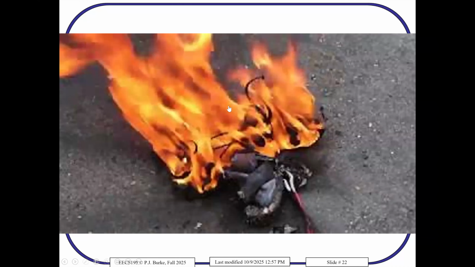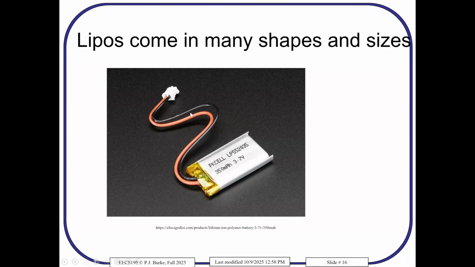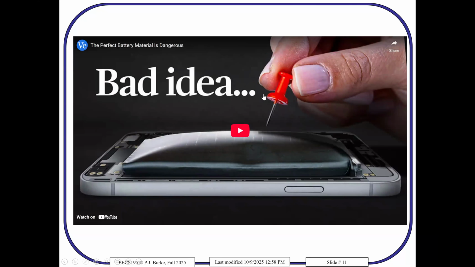So the most likely form of initiating a lithium polymer battery fire is a microscopic short circuit. That's why in this YouTube video, they say, I like this picture, bad idea to put a pin in there. If you put a pin through that foil, you're letting a lot of air in, which a fire can use as oxygen to burn.